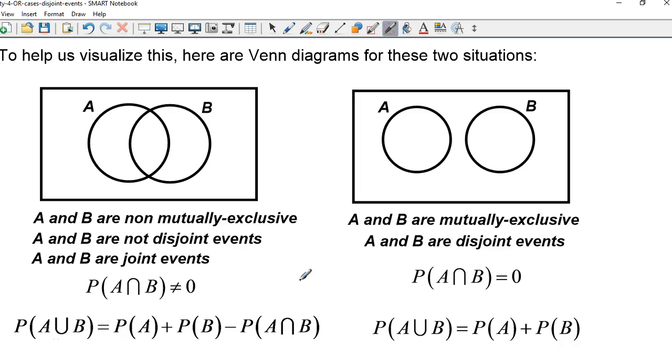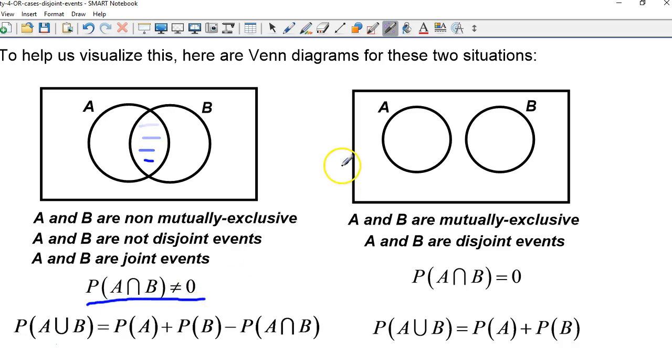Okay, to help us visualize this, here are some generic Venn diagrams for two events. We could either have events that do have overlap or events that don't have overlap. So if events do have overlap, then we refer to A and B as non-mutually exclusive events, or you could call it not disjoint events, or you could call them joint events. They have what's called a joint probability, a probability in the middle. And that probability of A and B is something other than 0.